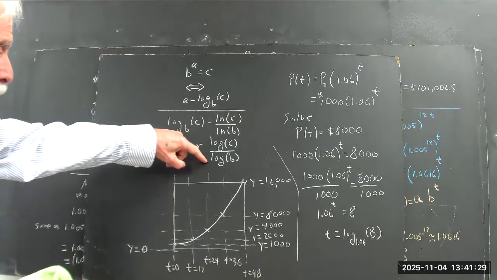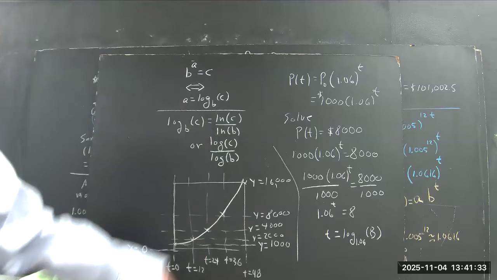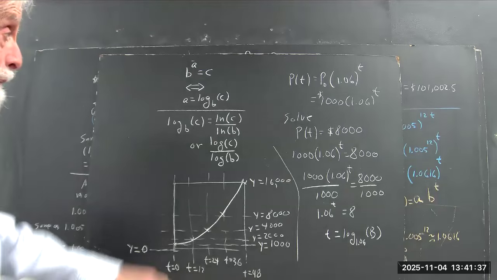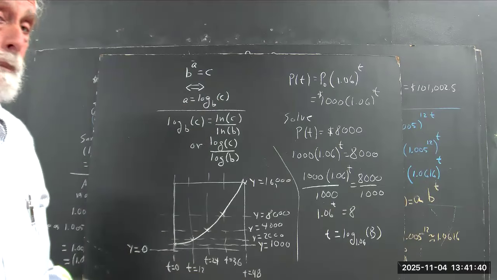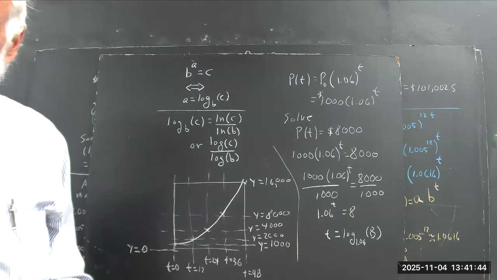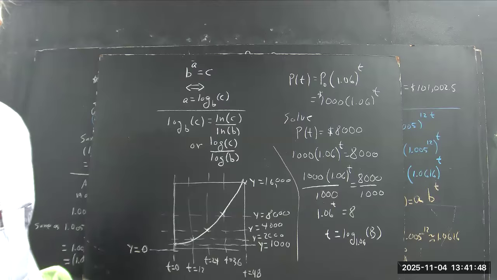You have a log button on your calculator. You have an ln button on your calculator. You can use either. The ratio is the same either way. So whichever button you find first, whichever one you'd like to look at more, you can do it.